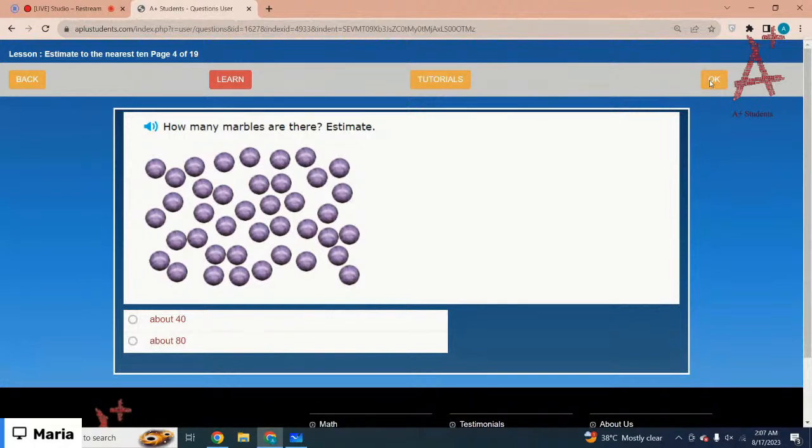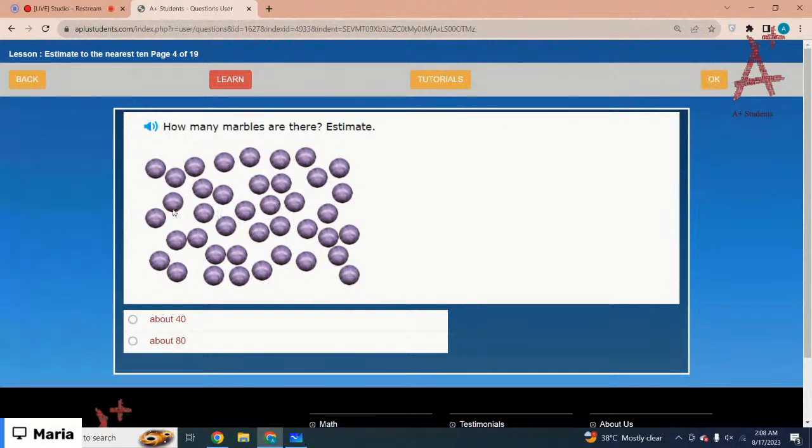How many marbles are there? Estimate. About 40 and about 80. So which is the correct option? 80 is much more, right?